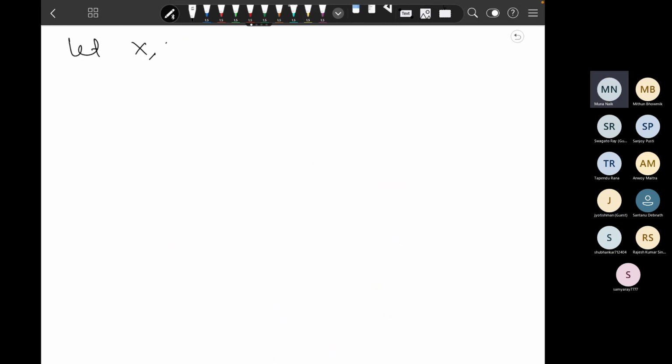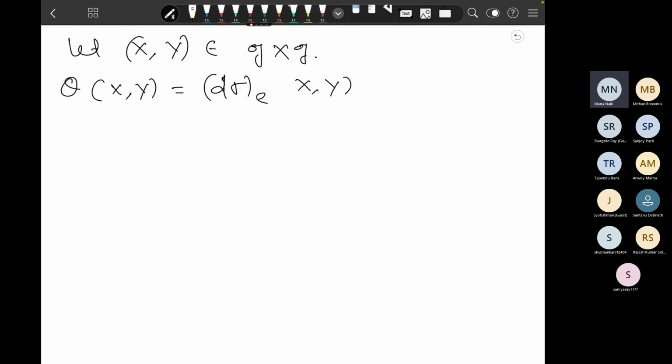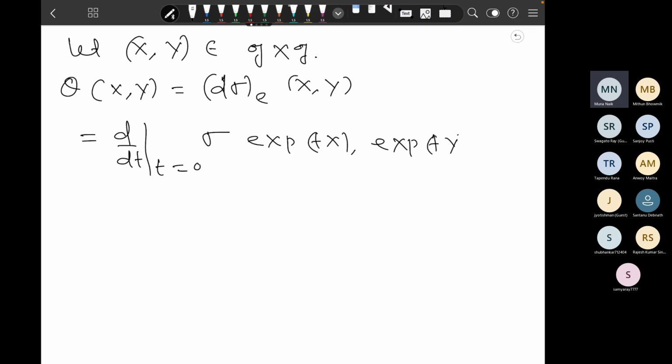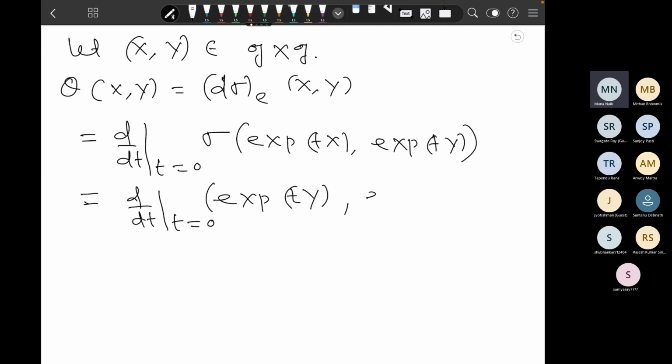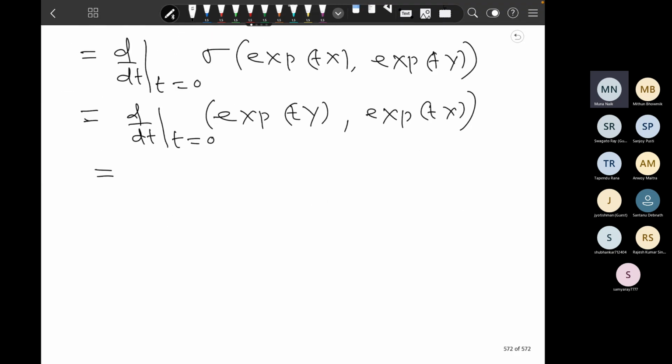So let xy belong to G cross G. So theta of xy is really d sigma E xy, that is d by dt at t equal to 0 of sigma of exponential of tx, exponential of ty, and sigma of ab is equal to ba. So this is d by dt at t equal to 0 of exponential of ty into exponential of tx, right? So that will show that this is really yx.